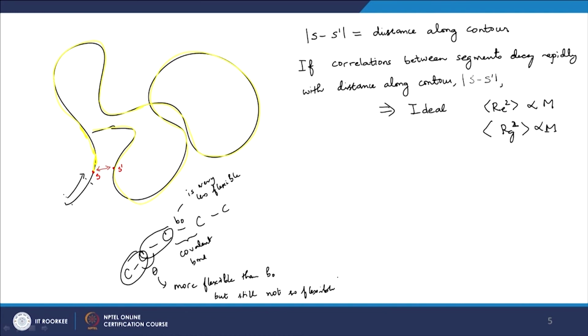However, between 4 carbons, we can define what is known as a torsion angle or a dihedral angle. Now, they are relatively more flexible. We can have rotations around the carbon-carbon bond, and that is how we get different conformations.